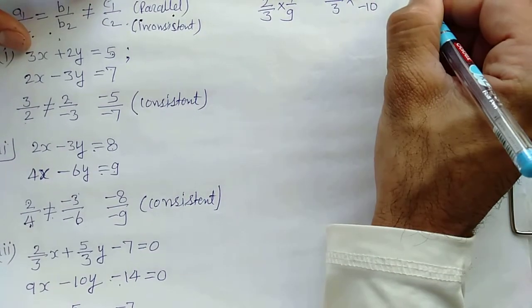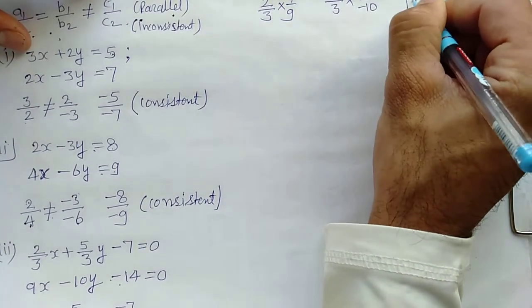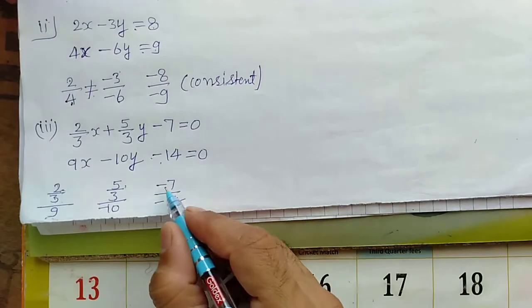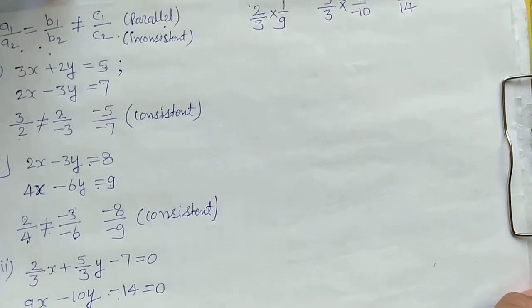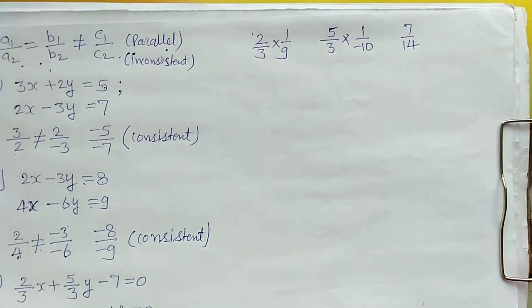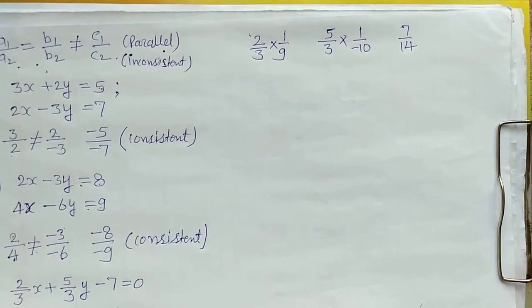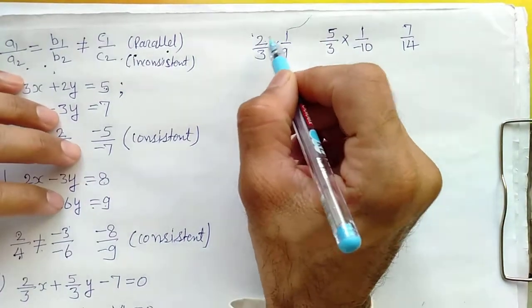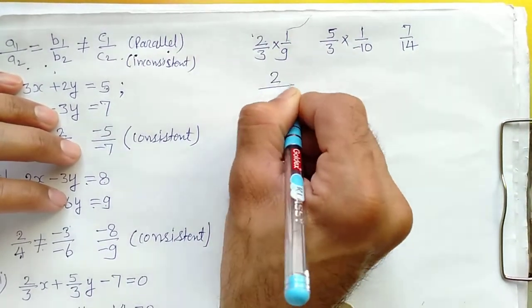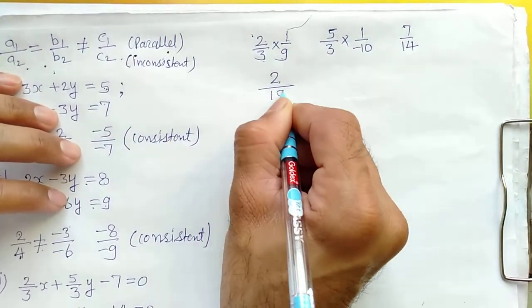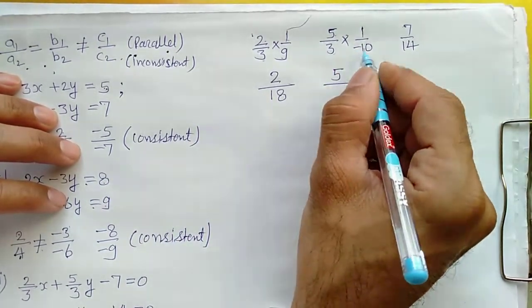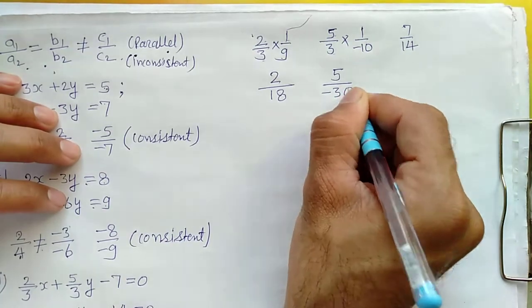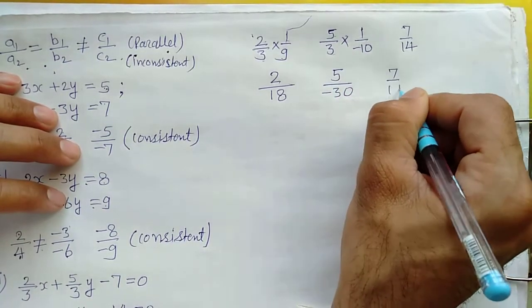And the last one is 7 upon 14, because minus and minus cancel. Now watch it. Look here. This is 2 1s are 2, 9 3s are 18, 5 1s are 5, 10 3s are minus 30, and this is 7 upon 14.